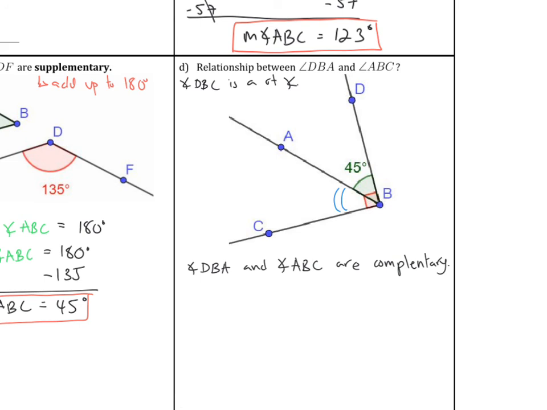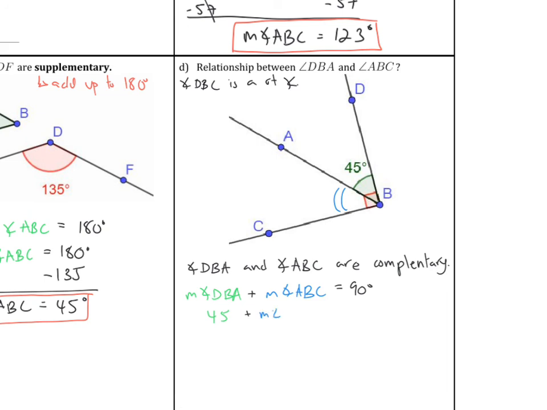All right, now to finish solving for the measure of angle ABC, because angle ABC and angle DBA are complementary, this means that I can write an equation that says the measure of angle DBA plus the measure of angle ABC should equal 90 degrees. Substituting in what we know, the measure of angle DBA is 45 degrees.